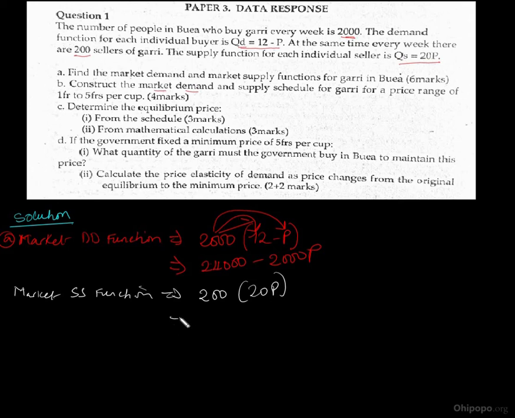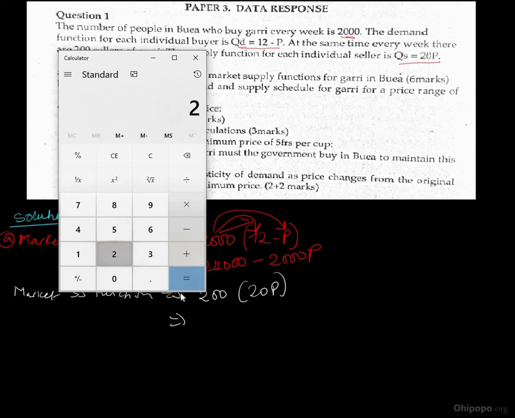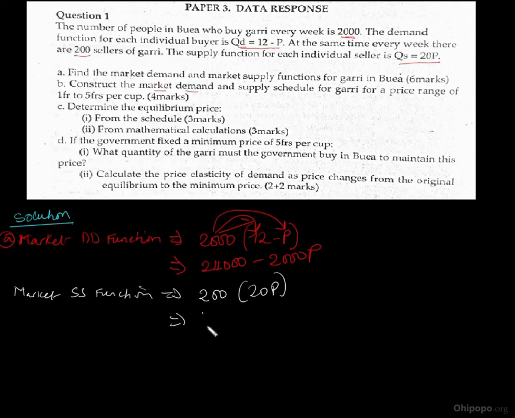So multiply 20 by 200: 20 times 200 is equal to 4,000 P. So this is the market demand function, and this is the market supply function. So we have answered question A.